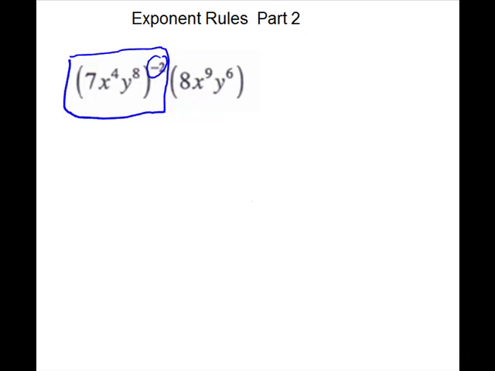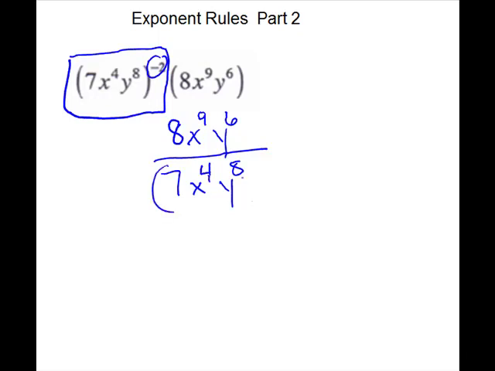Before I rewrite it, notice with the first parentheses there is no exponent outside, so there really is no need for that parentheses once the other one is moved. So I'm going to have 8 x to the 9th y to the 6th. This one's all going to the denominator. And I still have the parentheses there. The outside exponent becomes positive.